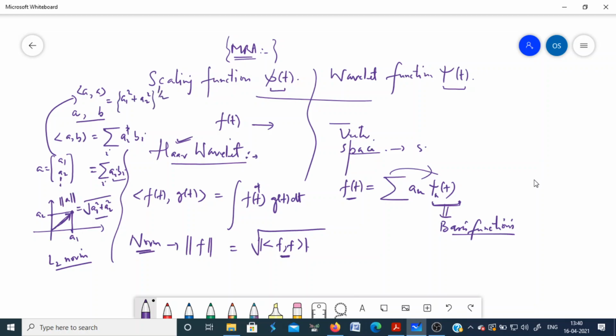This is how you define the norm, and similarly we have done here: you multiply the function with itself, integrate it, and take its square root. You will get the norm of the vector.